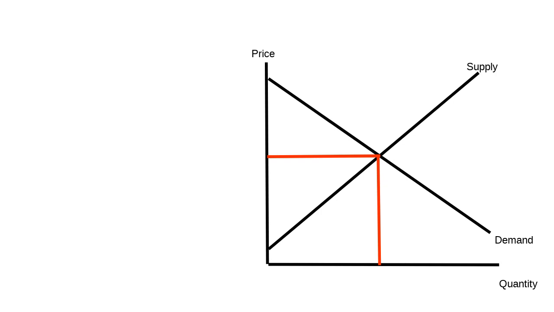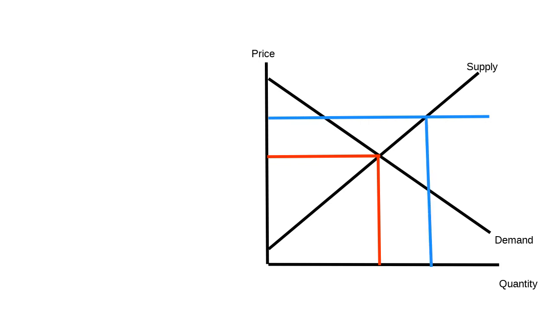However, if the world price is here above the equilibrium, then because the price is above the equilibrium, firms are going to want to produce more. So we're going to have that quantity supplied is going to be somewhere over here.